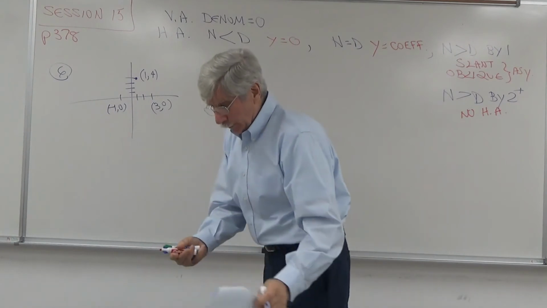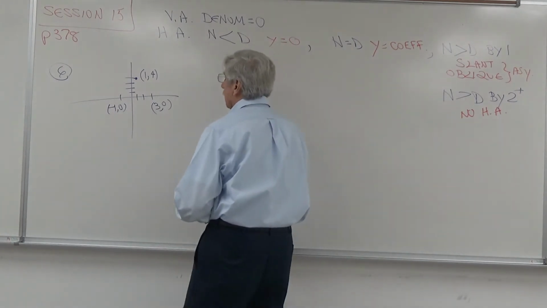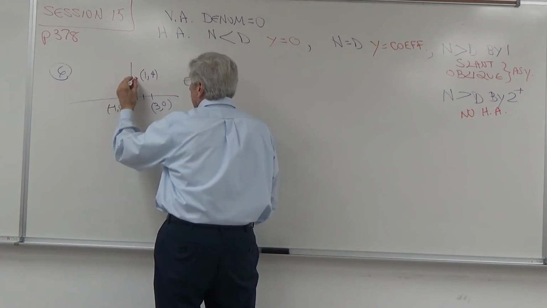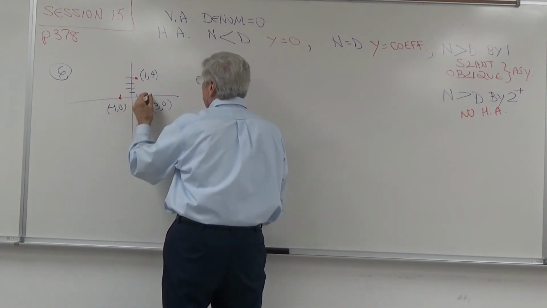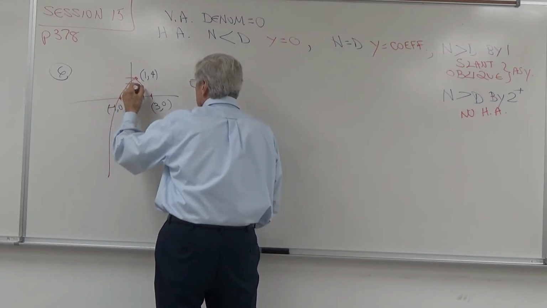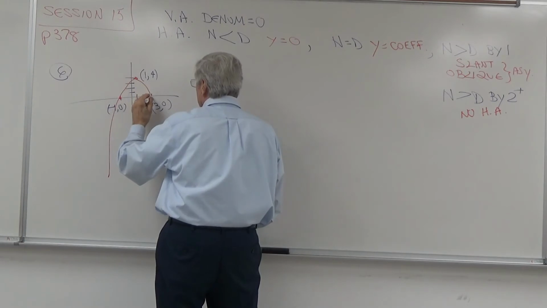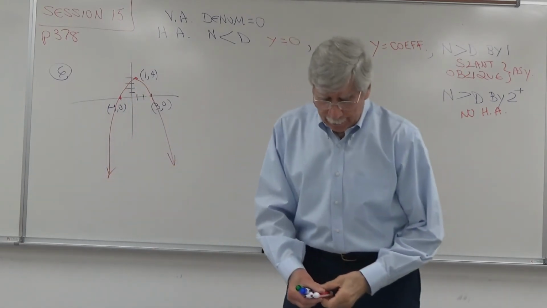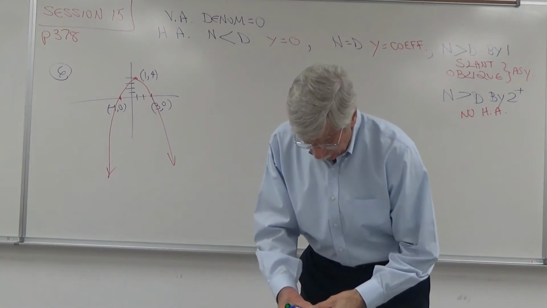Okay, these are the points we're looking at: 1, 4, negative 1, 0, and 3, 0. And we have our curve going through these points. It's a parabola opening downwards.